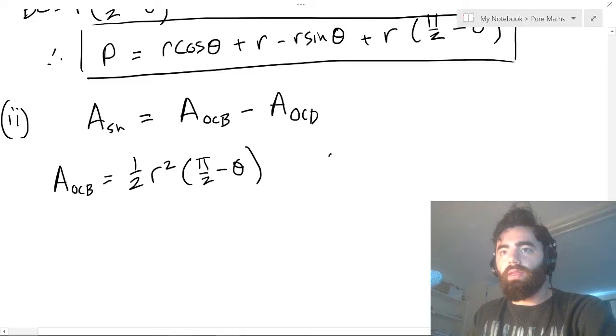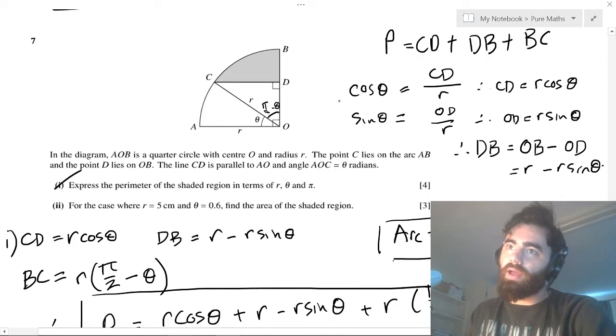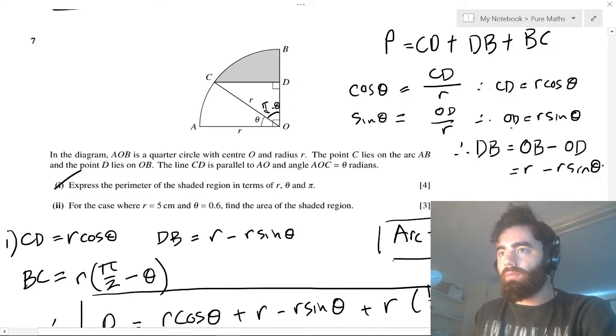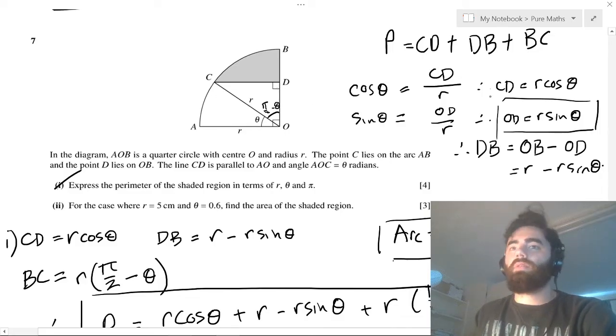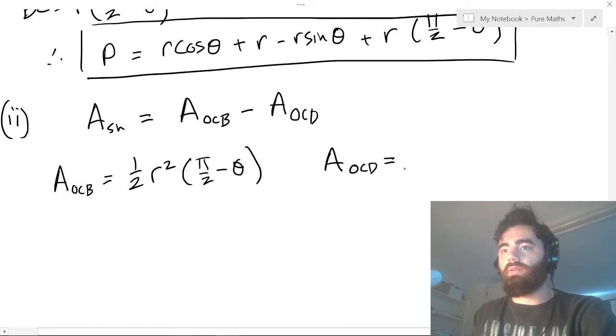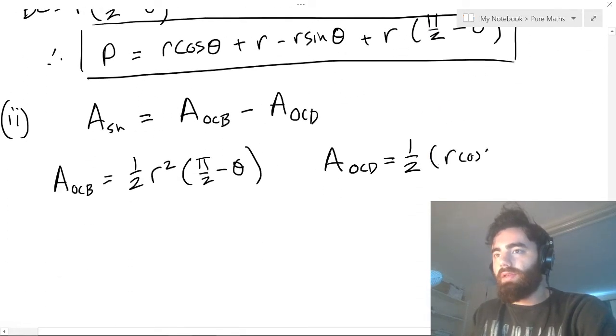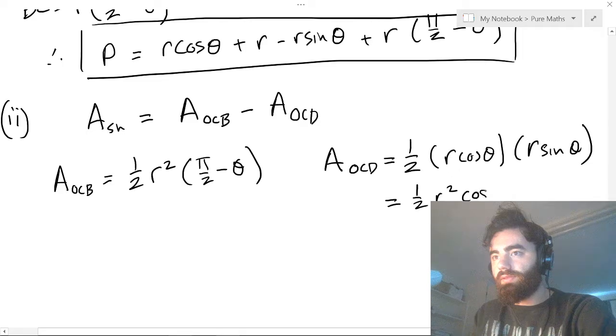And then the area of the OCD triangle is half base times height. Our base is OD, which is this, and our height is DC, which we've already calculated. So it's half r cos theta times r sine theta, which equals half r squared cos theta sine theta.